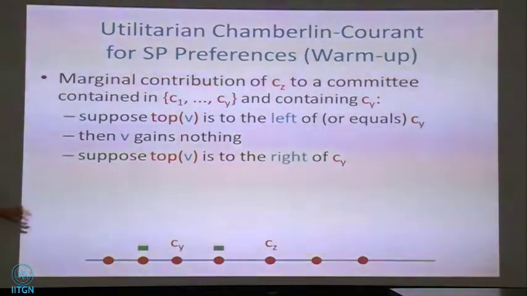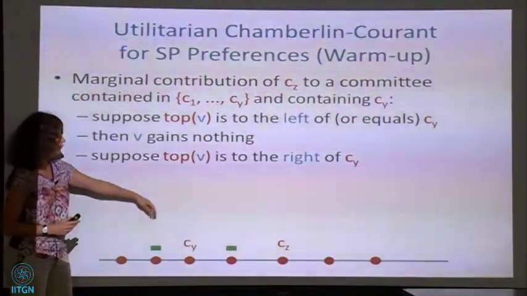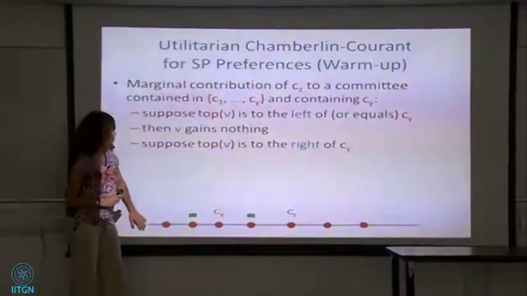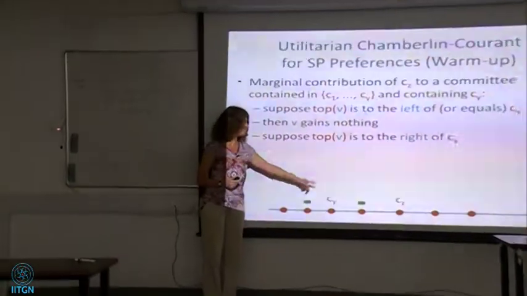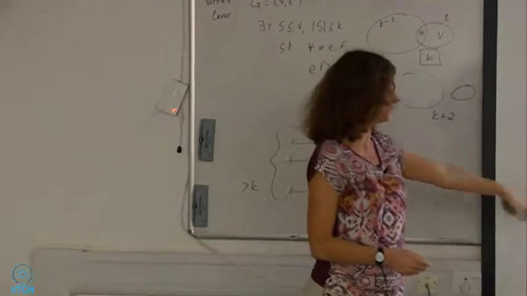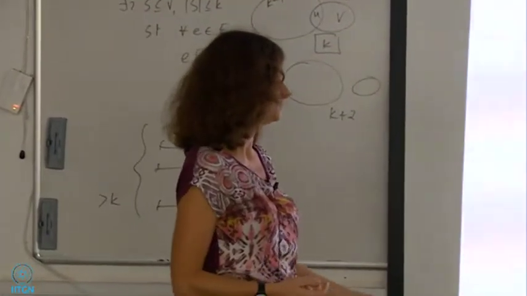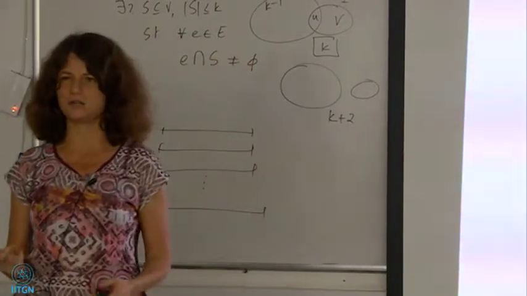The rest of the committee is sitting somewhere beyond Cy, so this voter prefers Cy to all of them. We don't know if he prefers Cy to CZ or vice versa, but certainly he prefers Cy to all other candidates except maybe CZ. And for a voter who sits beyond CZ, he definitely prefers CZ to Cy.